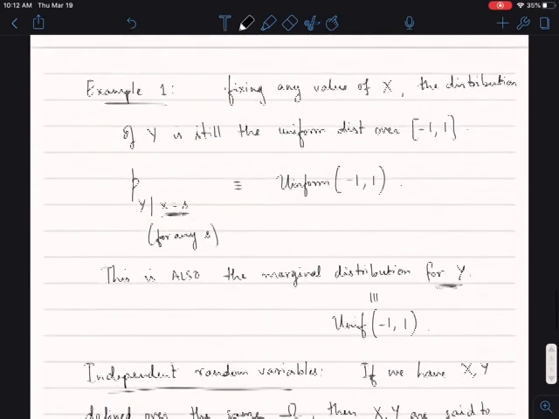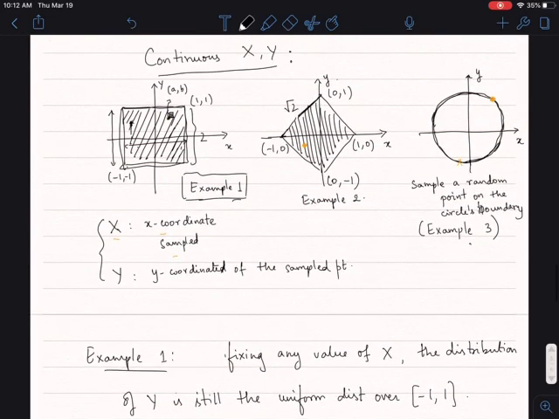So this example of a random point in a square is one simple example in which you get independent random variables. In general, you get independent random variables if you perform an experiment twice, and x is the outcome of the first experiment, and y is the outcome of the second experiment. Suppose these experiments have nothing to do with one another, in the sense that you repeated the entire setup, then the random variables tend to be independent.